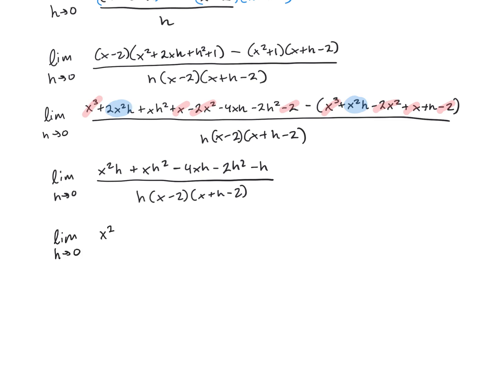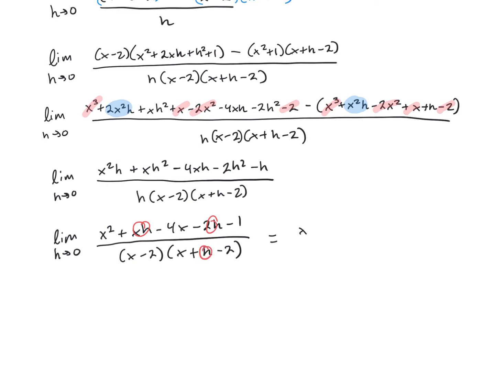So that leaves us with (x squared plus xh minus 4x minus 2h minus 1) over (x minus 2) times (x plus h minus 2). And now we can evaluate this limit using direct substitution. So anywhere where we see an h, I'll replace it with a 0. So this will become 0, this will become 0, and this will become 0.